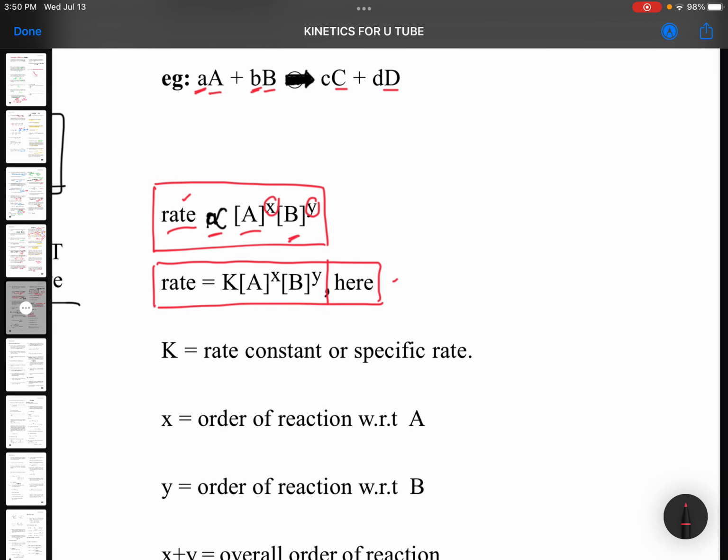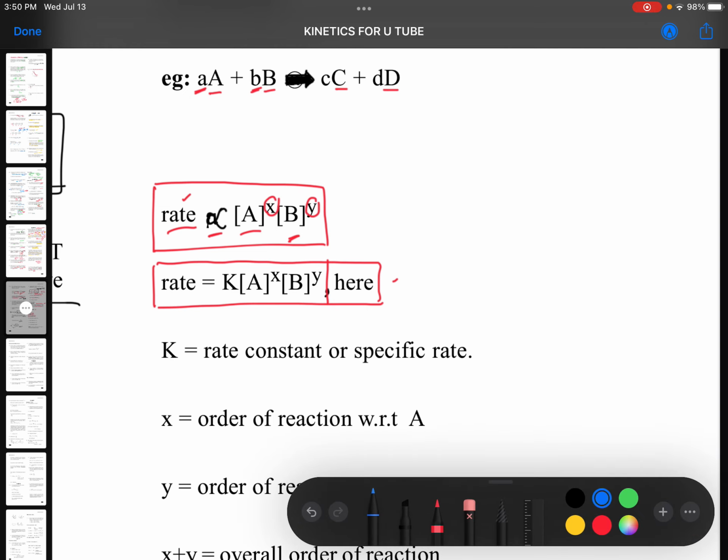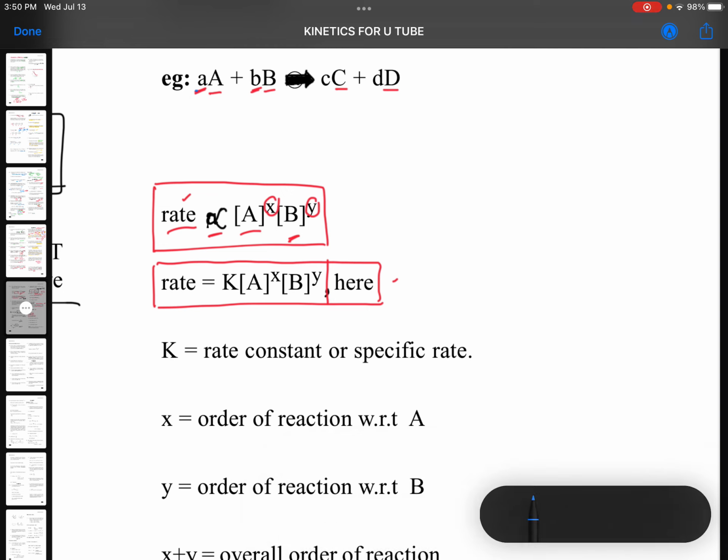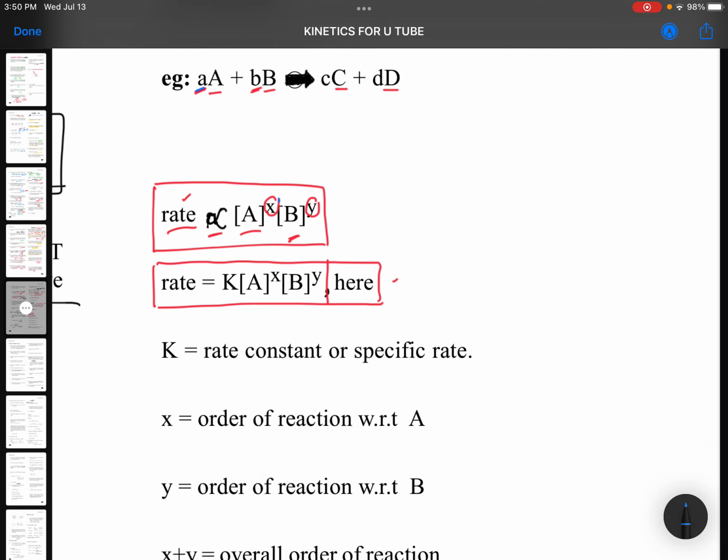Here you can notice one very important point. Students often get confused about this. Here a is there, here some x is mentioned; here b is there, here some y is there. x may be equal to a or x may not be equal to a. Both conditions are possible, so it need not be the stoichiometric coefficient.